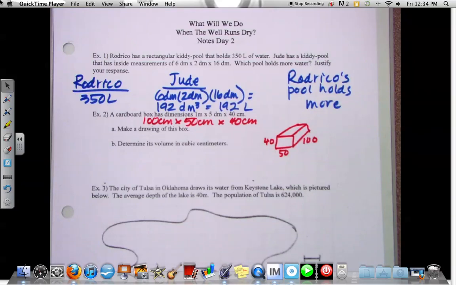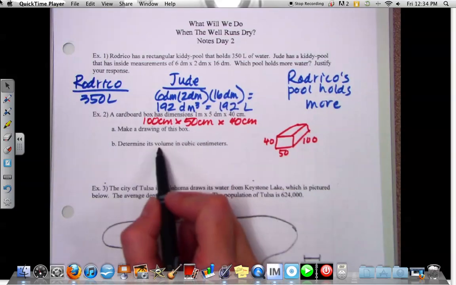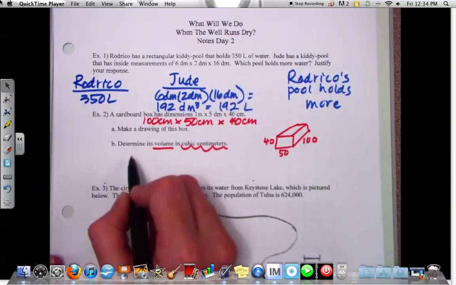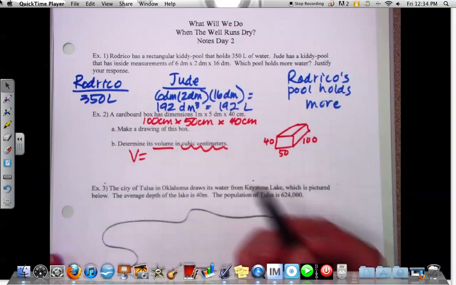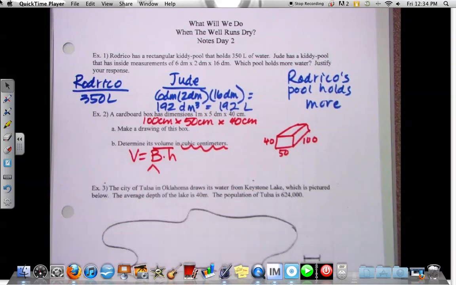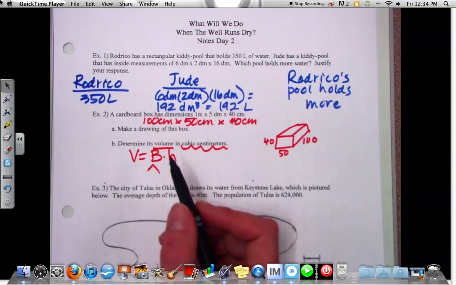All right, B asks us to determine its volume in cubic centimeters. Can we do that? We have all the dimensions? And what units do we have it in right now? Centimeters. So it'll be pretty easy. All right, so we find volume by doing what? Base times height. What are the dimensions of the base? Does it really matter on a rectangular prism?